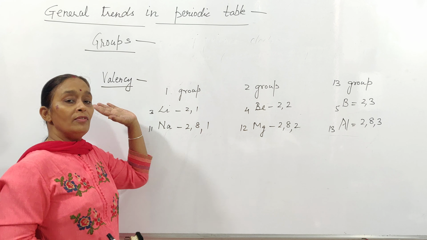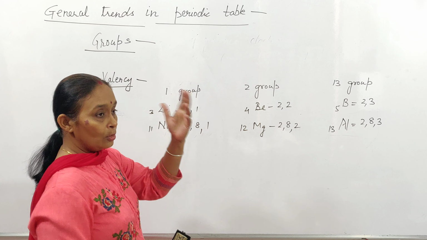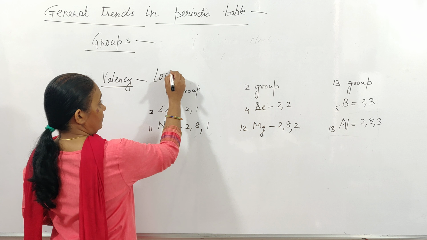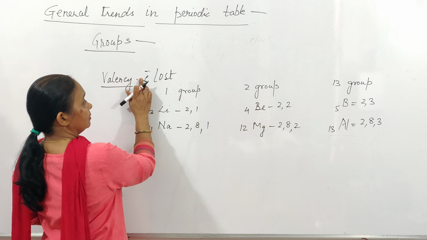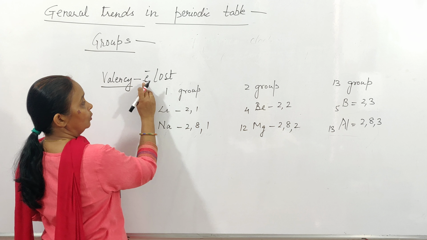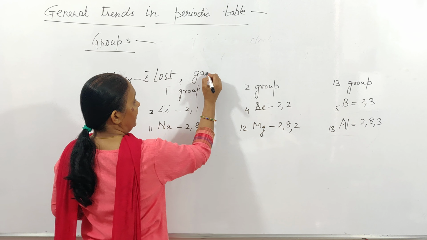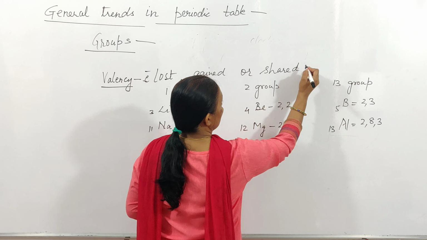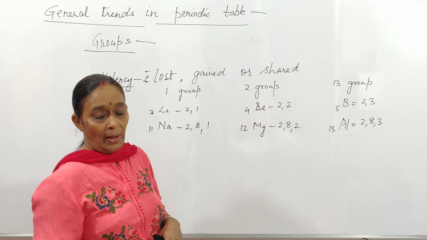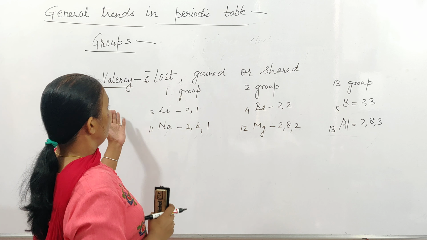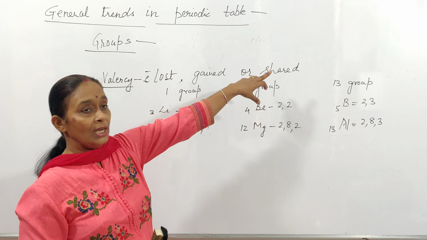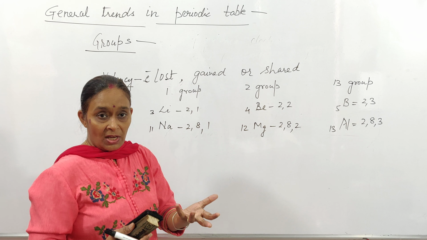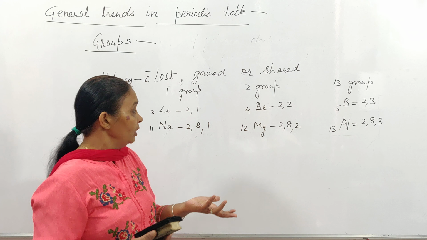Now if we talk about the valency, valency is actually the number of electrons lost, gained or shared by elements during the formation of compound, or you can say electrons lost, gained or shared in order to complete their octet or to get satisfied or to get stable.